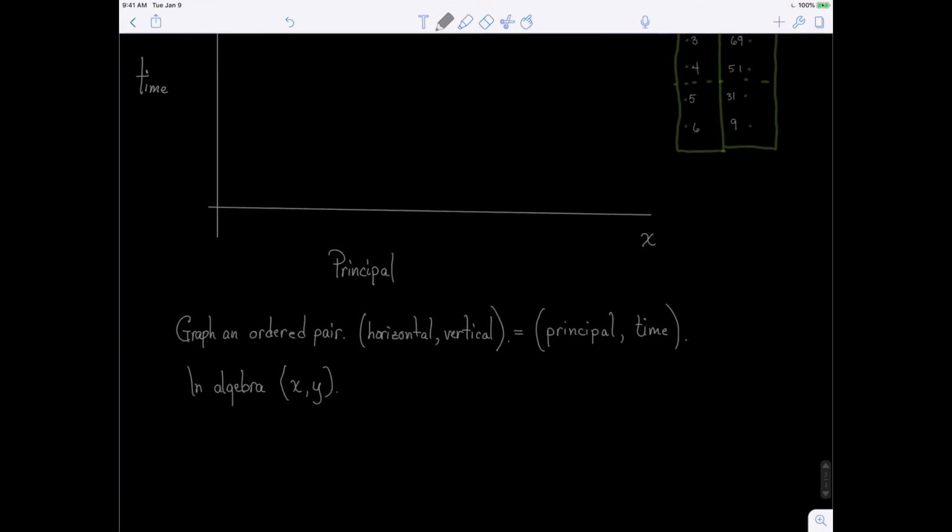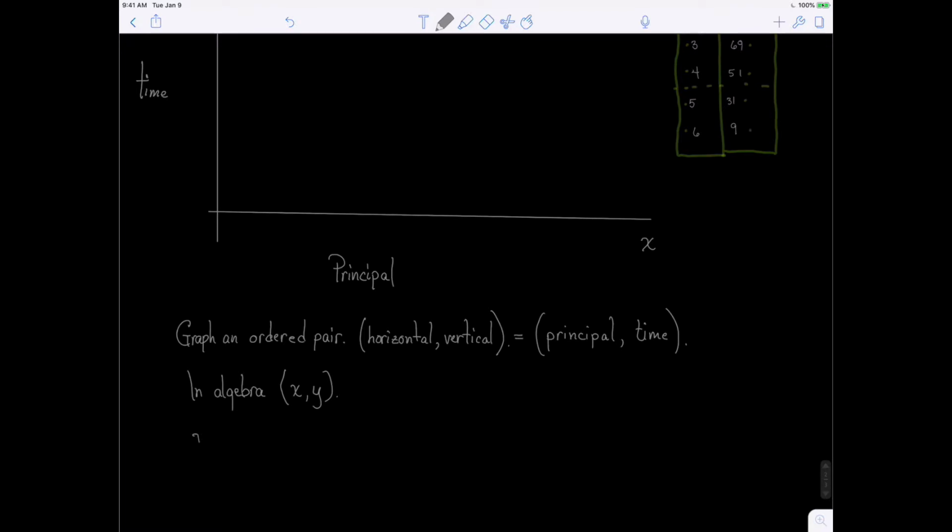Also in algebra, x is called the independent variable, and y is the dependent variable.